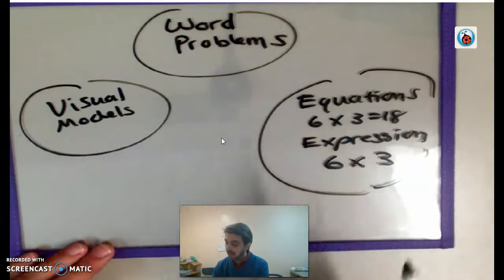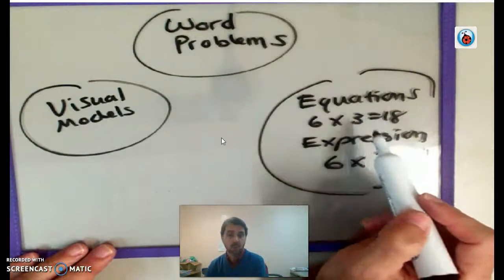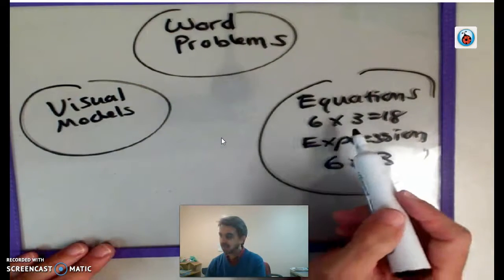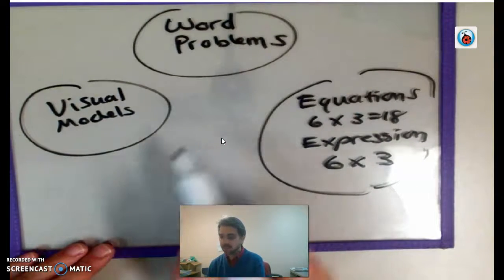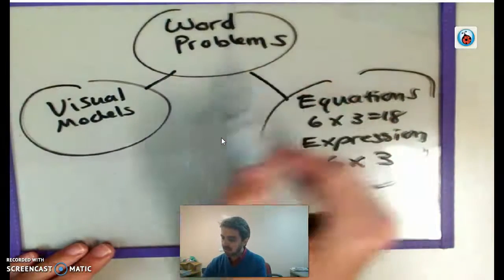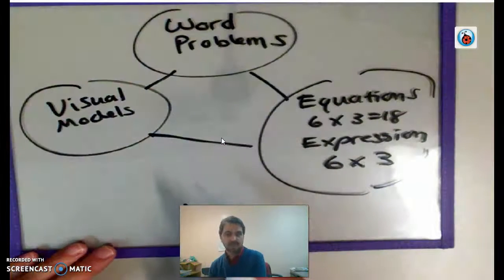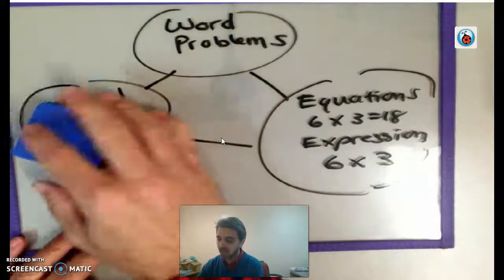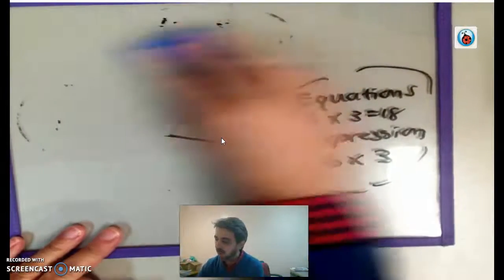Or if you're given an equation or an expression, make up a model that matches it or a word problem. So these all need to be able to connect. That's what we're going to be working on this week. Today, we're going to work on word problems. I'm going to give you some word problems, and we're going to work on modeling them.